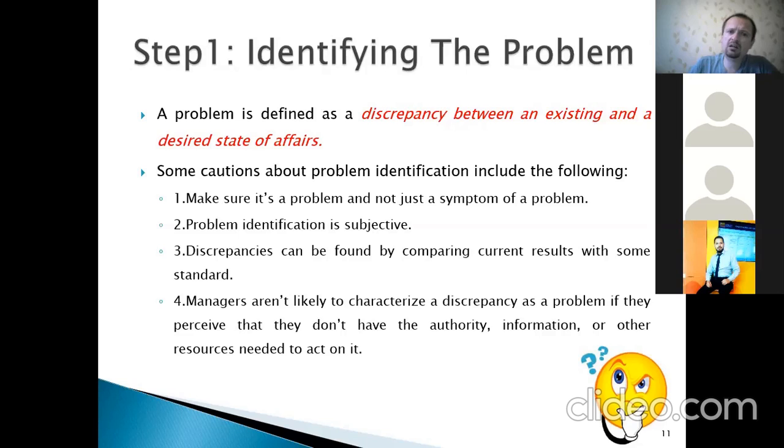In this case, you have to compare the profitability of your enterprise with the average profitability of the industry, and you have to understand that your enterprise has a problem.